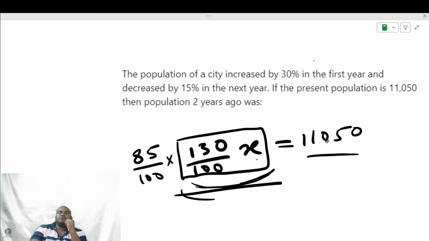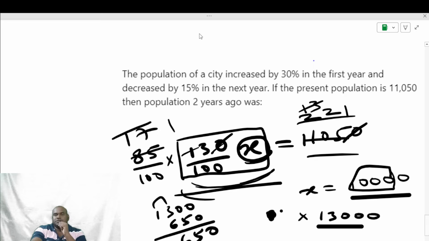You need to add, because you need to subtract 15% out. So 1,950 you have to subtract from this. So how should it become? It should become the value which is given in the question.